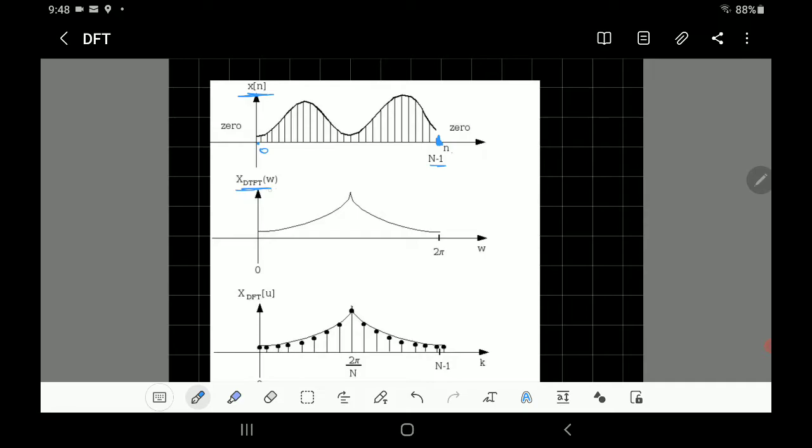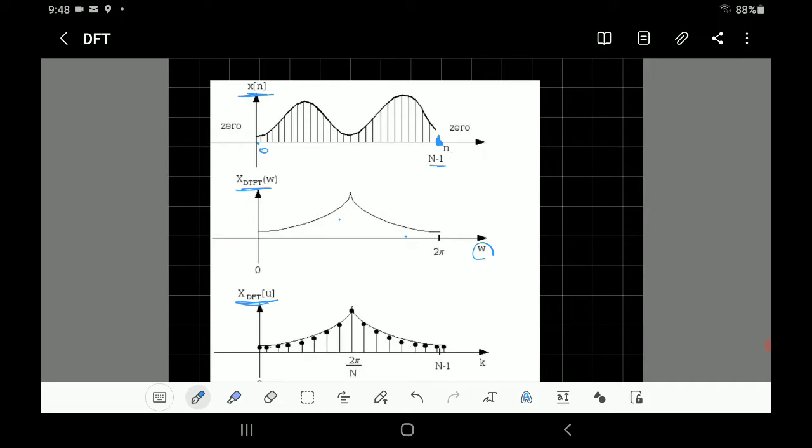As you see, it's a function of the frequency omega, but it's continuous. However, discrete Fourier transform that we are going to study today, it's function of k, but it's not continuous as this one. It's discrete, and which make it very popular in digital application.